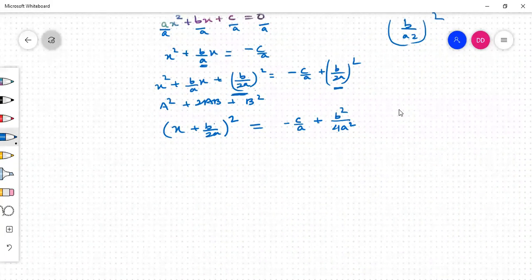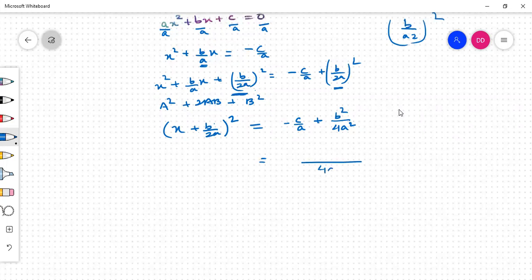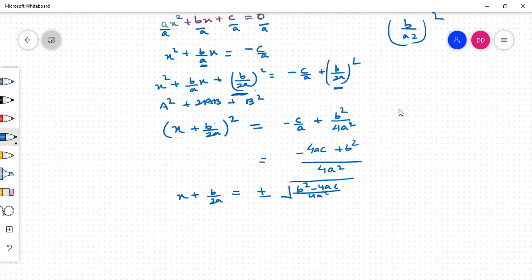Further simplifying, the LCM on the RHS becomes 4a squared, and this can be written as minus 4ac plus b squared. So here x plus b over 2a, the squared value, taking root on both the sides, becomes plus minus under root of b squared minus 4ac over 4a squared.